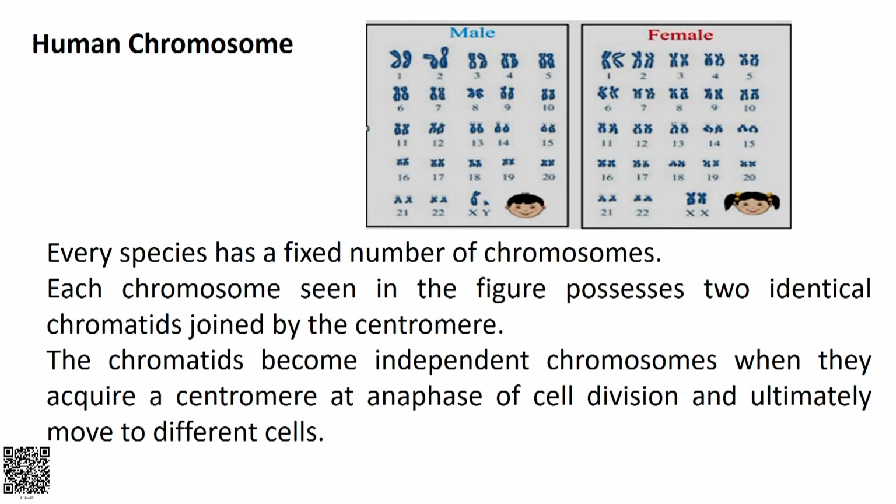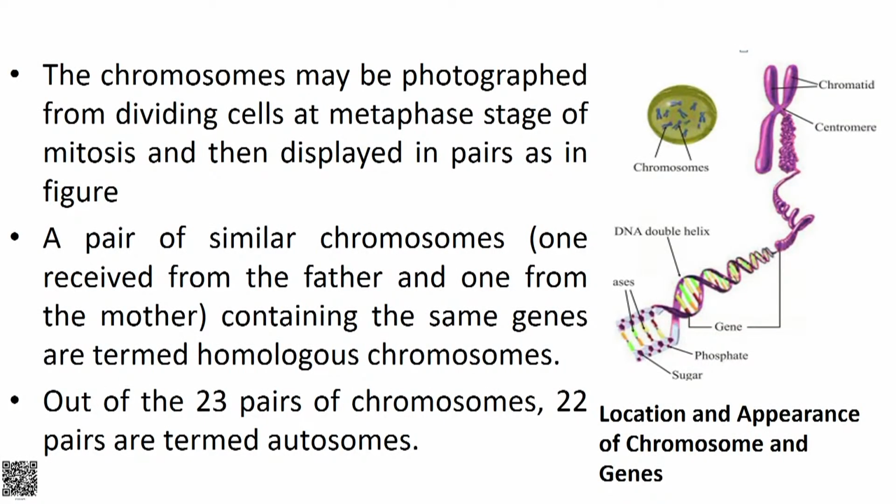Chromatids become independent chromosomes when they acquire a centromere at anaphase of cell division and ultimately move to different cells. Chromosomes may be photographed from dividing cells at the metaphase stage of mitosis and then displayed in pairs as in the figure.